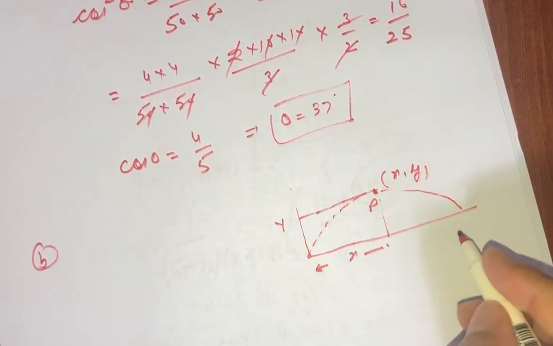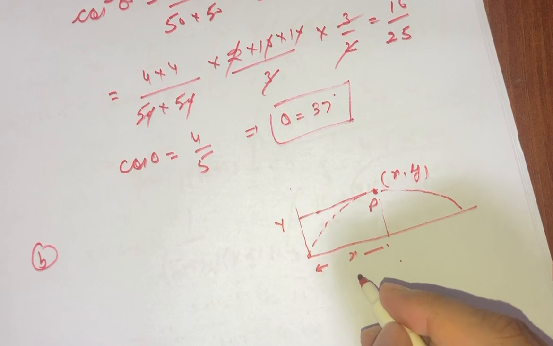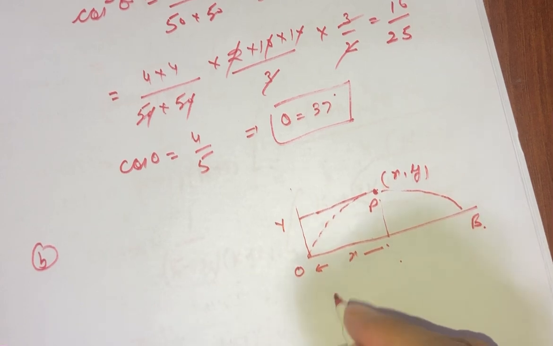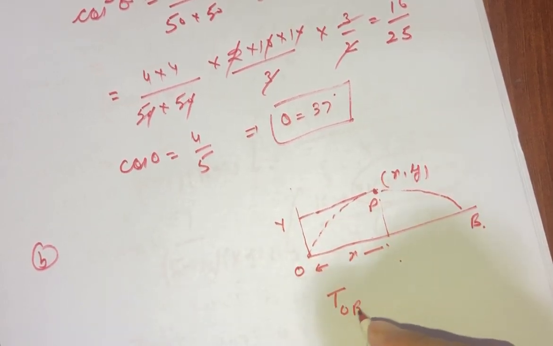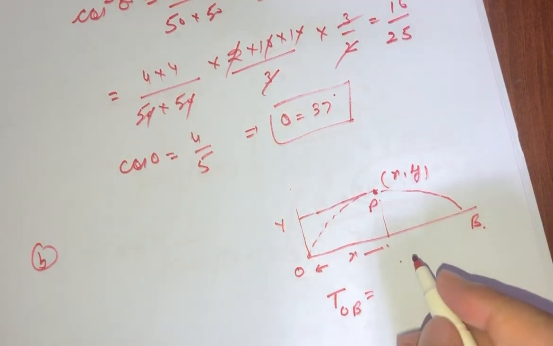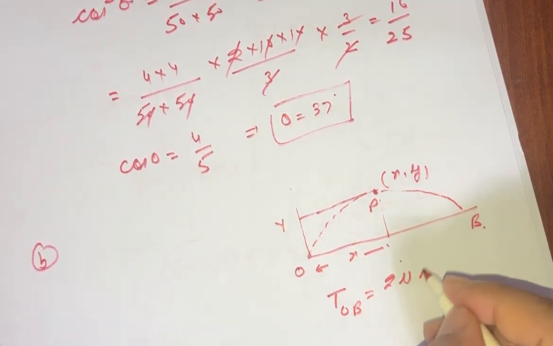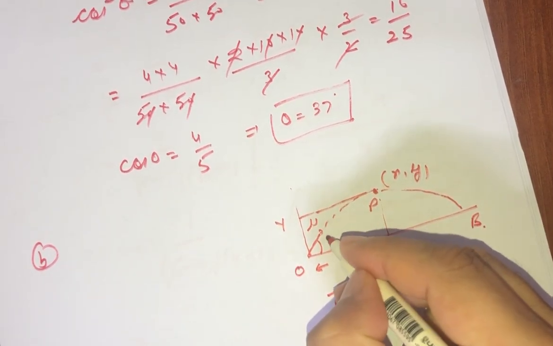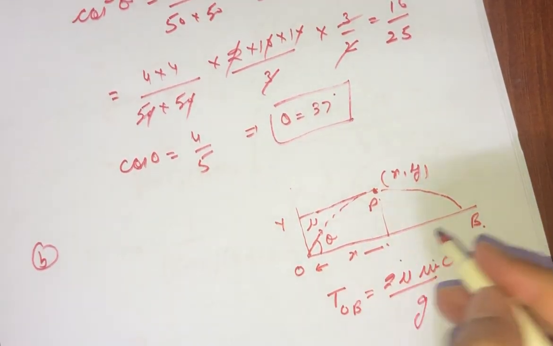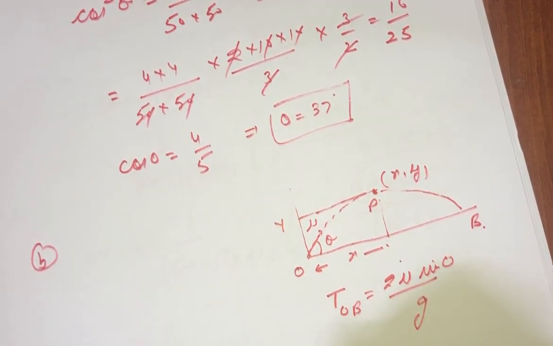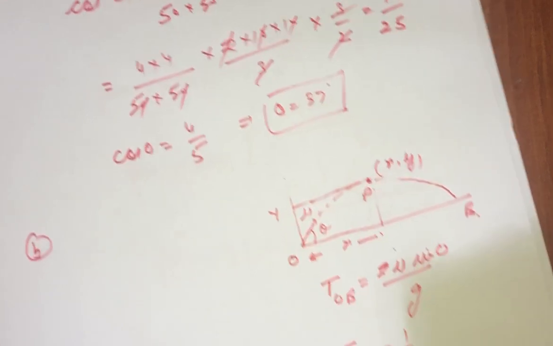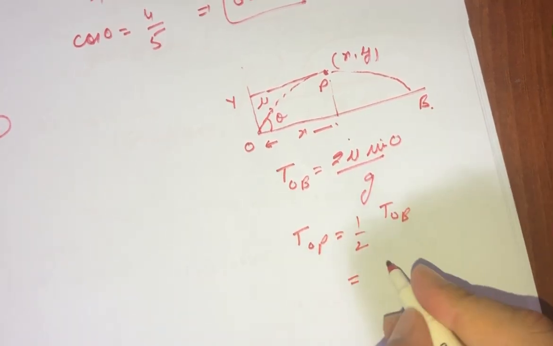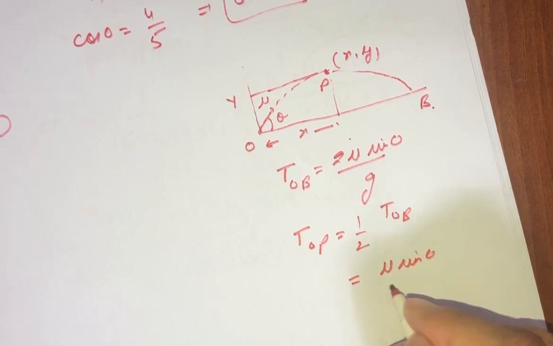And if t is the total time of flight, then we can say that, let us call this O, P and B, the time OB is the time of flight, which is given as 2u sine of theta upon g, where u is initial velocity and theta is angle of projection, and time of flight of OP will be equal to half of TOB. So we can write this as u sine theta by g.